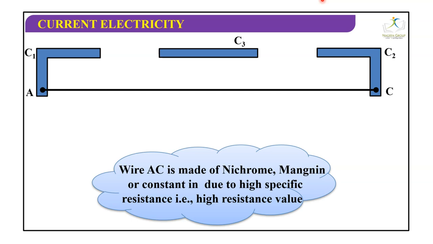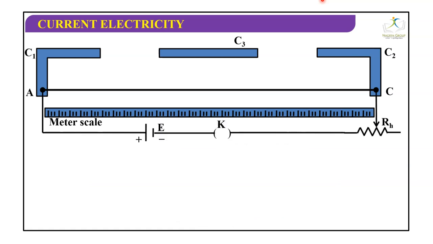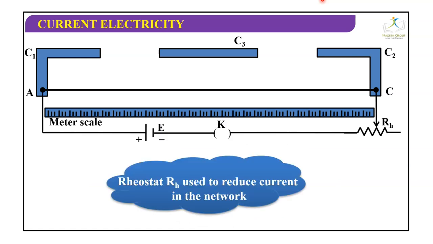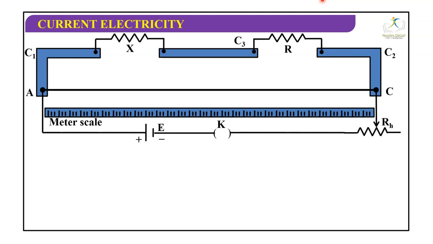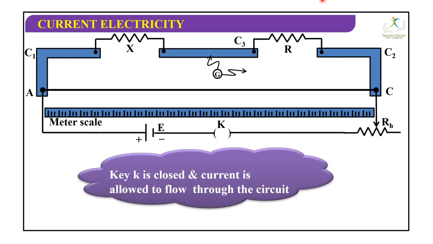Wire AC is made up of nichrome, manganin or constantan, which have higher specific resistance, that is, a high resistance value, with the attached meter scale. A rheostat is used to reduce the current in the network. The jockey is free to move on the wire AC.